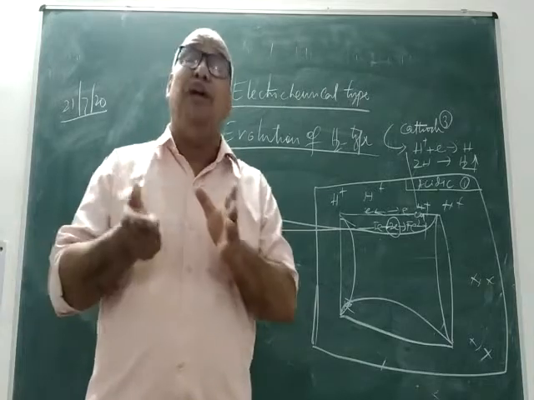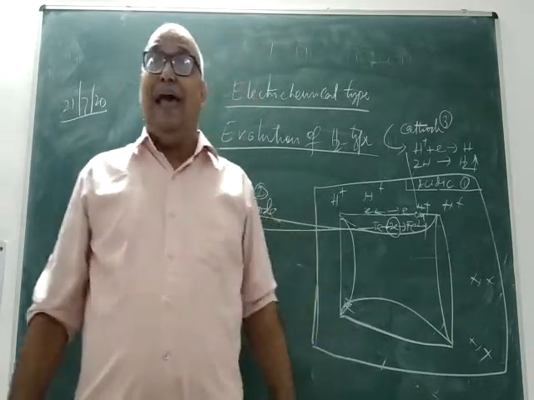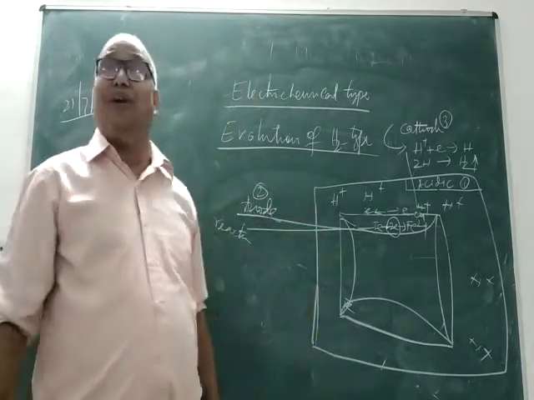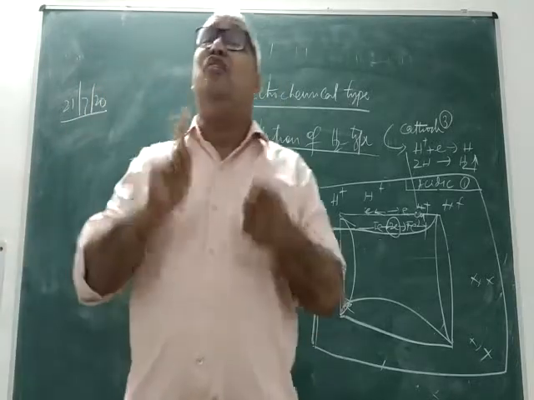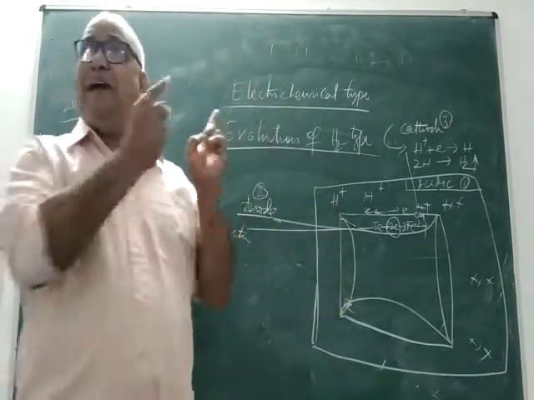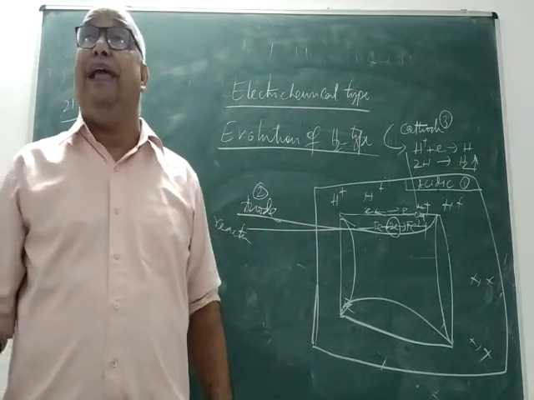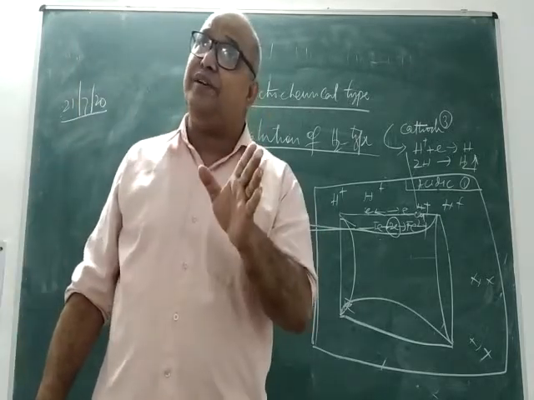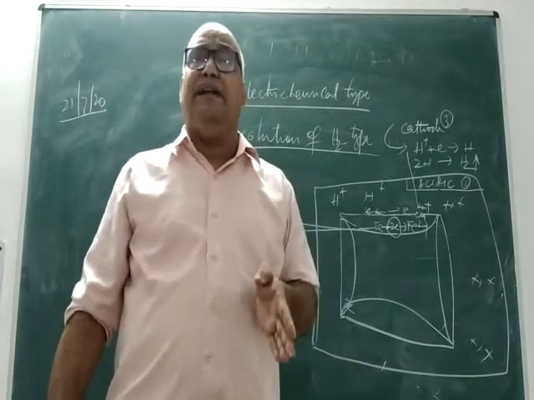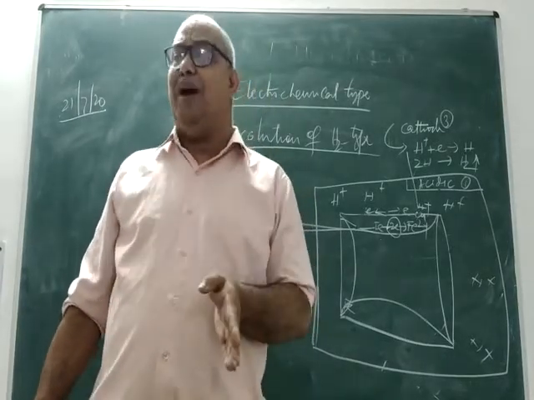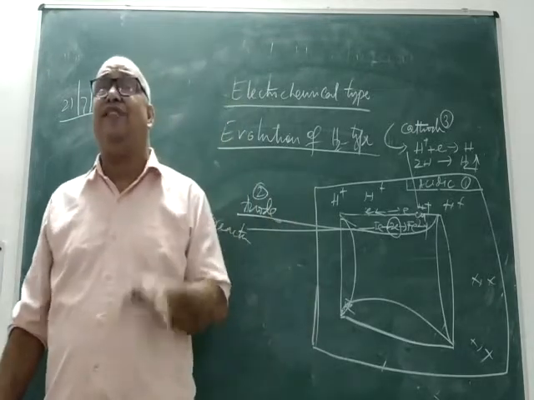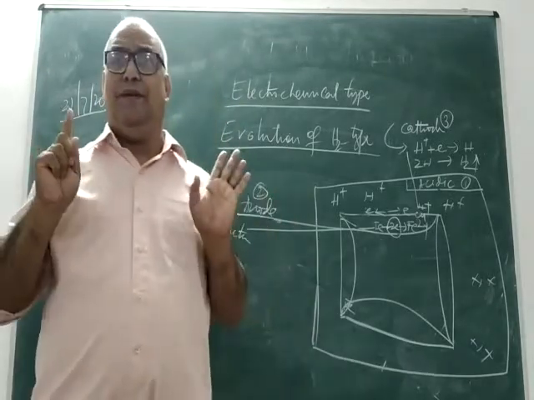And therefore, since the exact location where corrosion will take place is not known to us, this mechanism is also known as delocalized type of corrosion.